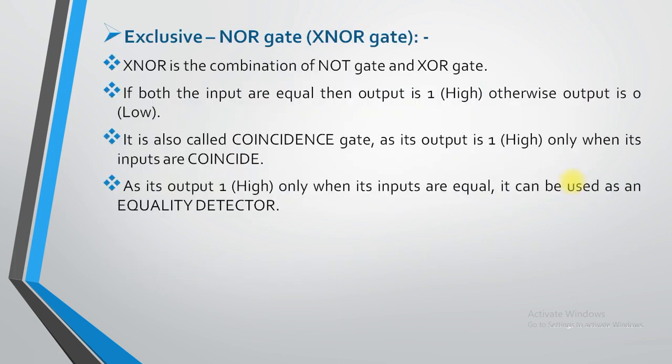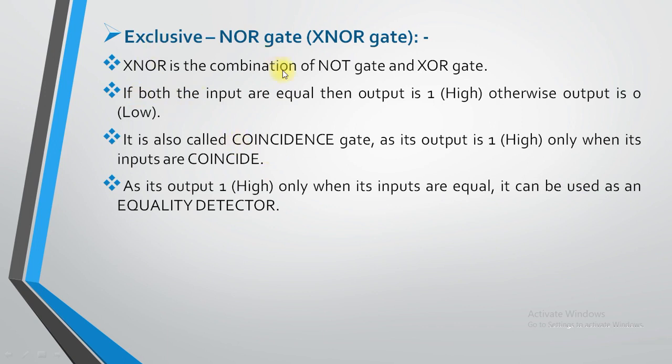The last gate is called the exclusive NOR gate, also known as the XNOR gate, which is the combination of a NOT gate and an XOR gate. Again, I will explain this point later on.